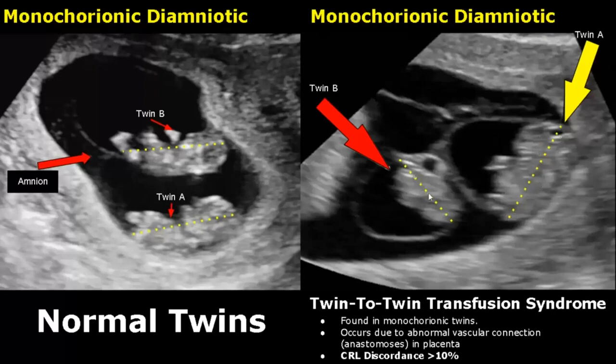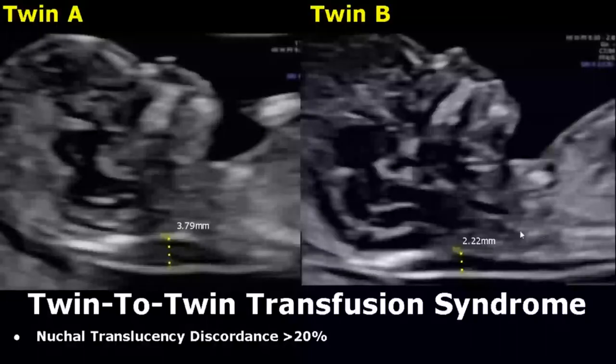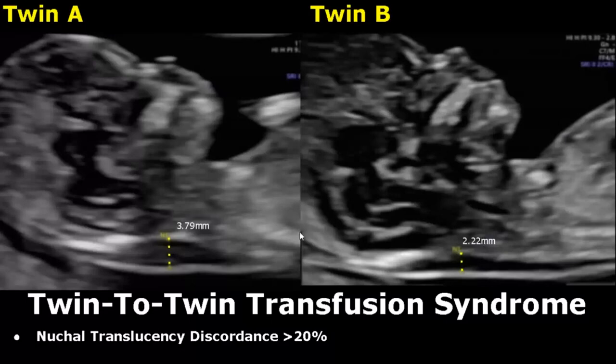A 10% difference in CRL measurement can be a sign of an impending twin-to-twin transfusion syndrome. The twin B is smaller than twin A. A nuchal translucency discordance of greater than 20% is another sign of twin-to-twin transfusion syndrome. Here you can see a significant difference between NT values.